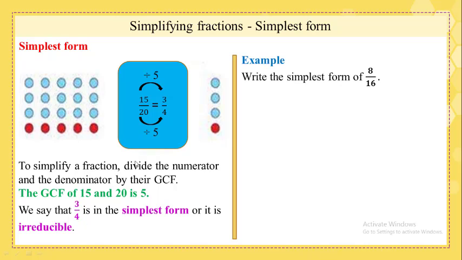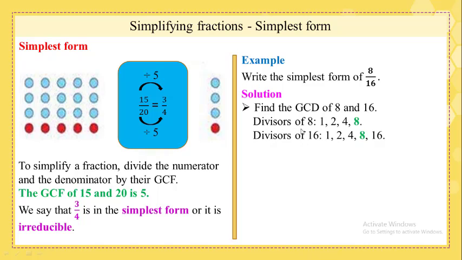Now let's take an example. Write the simplest form of 8 over 16. Solution. First, find the GCD of 8 and 16. Divisors of 8 are 1, 2, 4, and 8. Divisors of 16 are 1, 2, 4, 8, and 16.